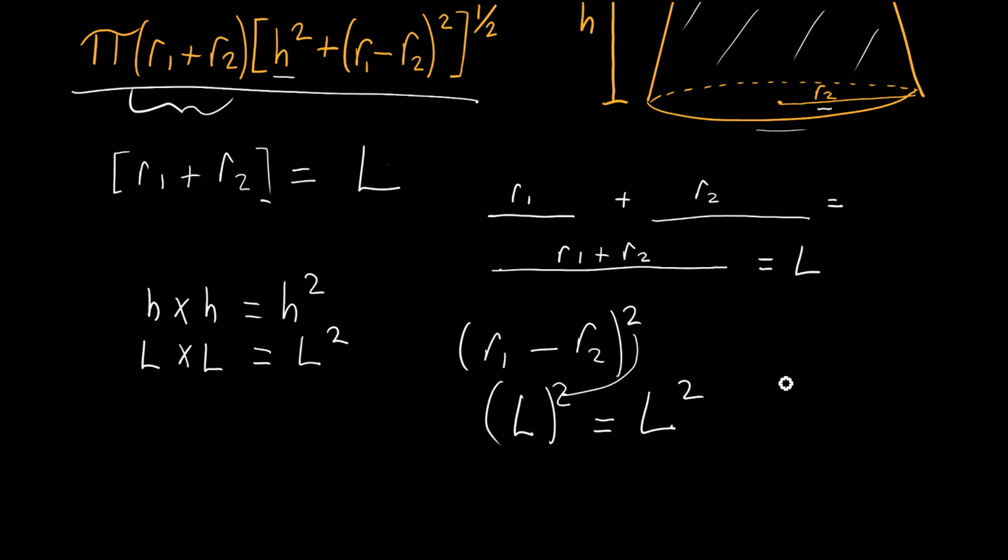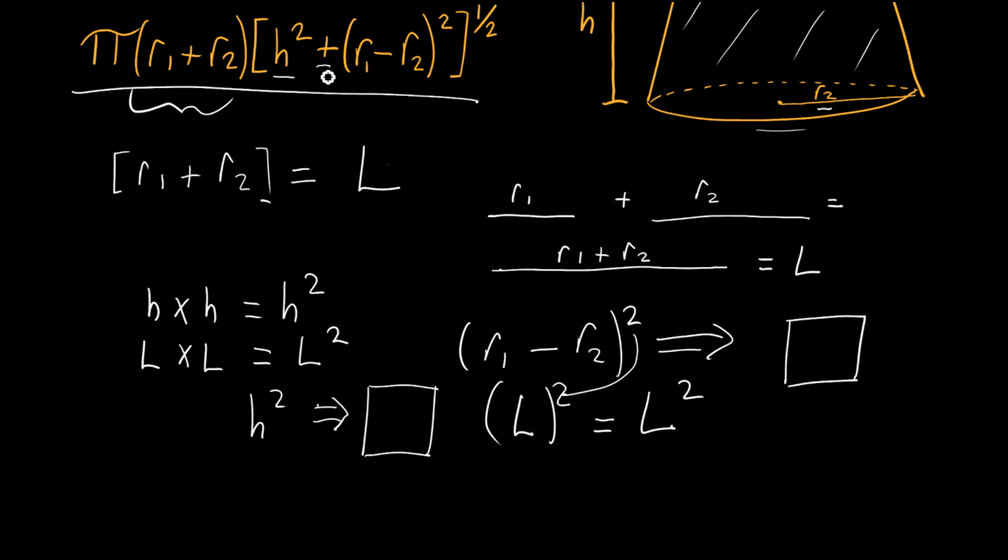So in effect, we've got an area. So this will result in an area, and the h squared will also result in an area. When we add two areas together, we get another area.